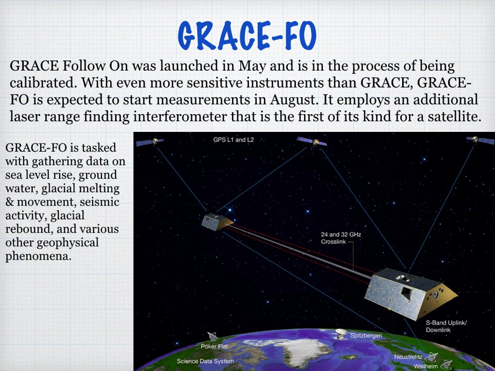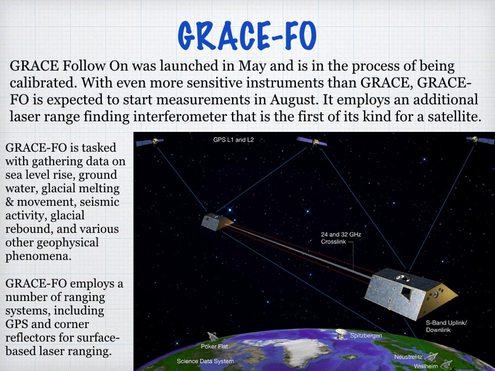And it will collect similar kinds of information on hydrology, climatology, glaciology, and other geophysical phenomena. As you can see from the diagram, GRACE-FO employs a number of backup systems to help calibrate its range finding, including GPS from satellites above its orbit and surface-based laser ranging that operates using corner reflectors on the satellites themselves.